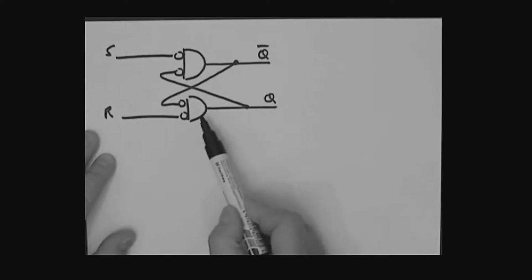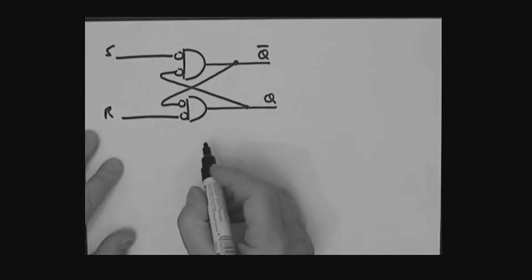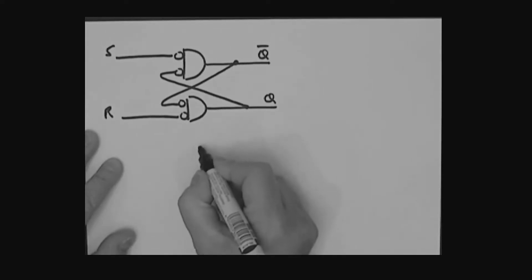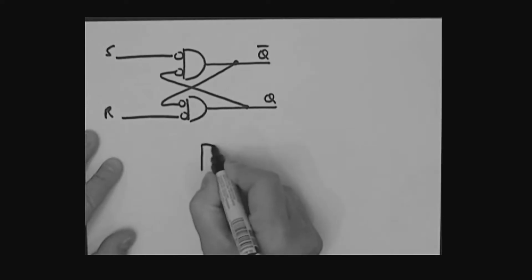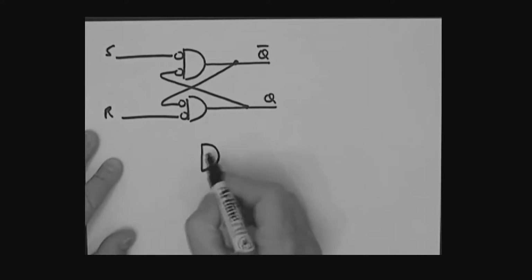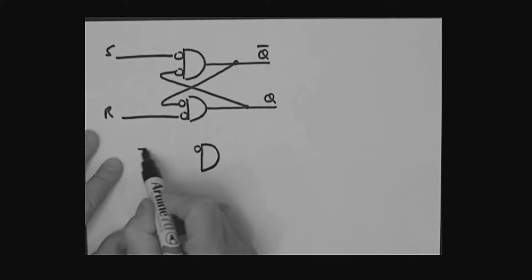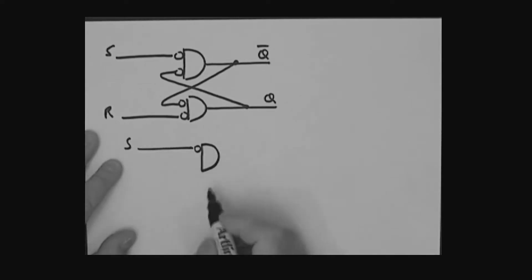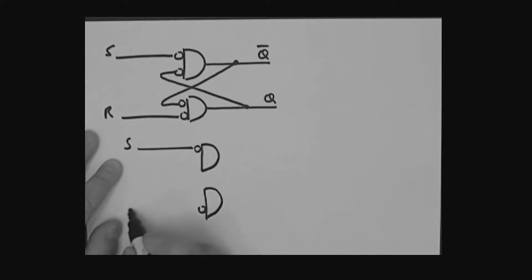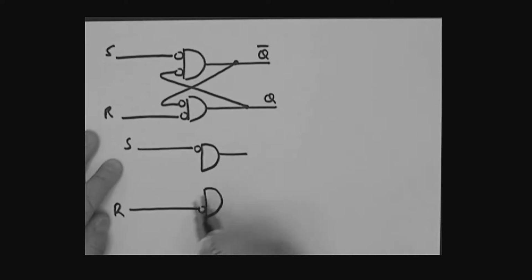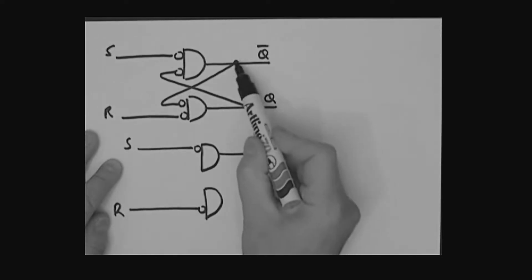So could I redraw this? Let's have a go at redrawing this. Here we go. Here's my first AND gate. Here is S. Here's the other AND gate. Here is R. Here's the output. Now what happens to this output?